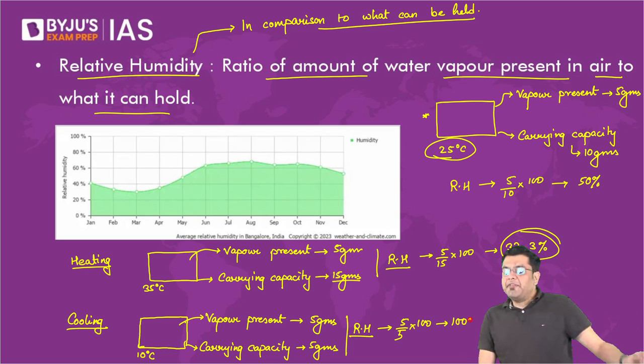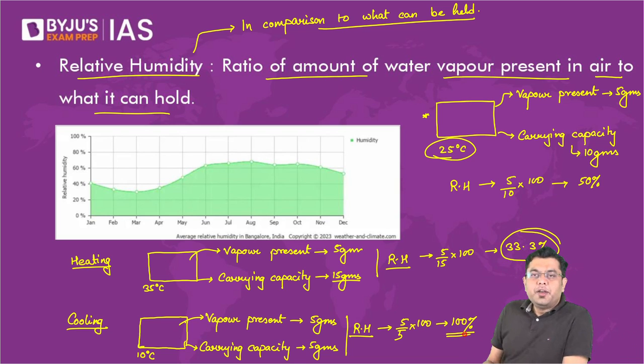So can we have a conclusion that with the heating of the air, if the total amount of vapor present is consistent, the heating of the air will always reduce the relative humidity, and the cooling of the air always ends up increasing the relative humidity. If the relative humidity is 100%, that indicates that the amount of moisture is as much as the air can hold in total. Air cannot hold any more water vapor.